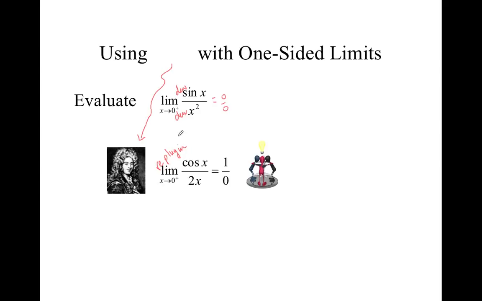You can't just say undefined. 1 over 0 is not indeterminate, right? This is not indeterminate. But I do have to think.